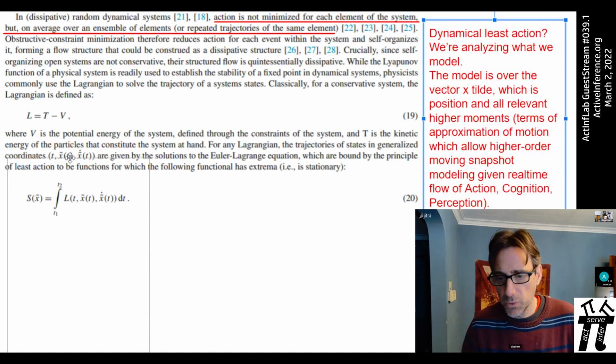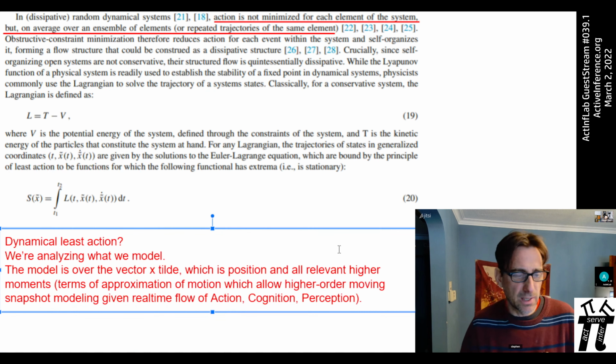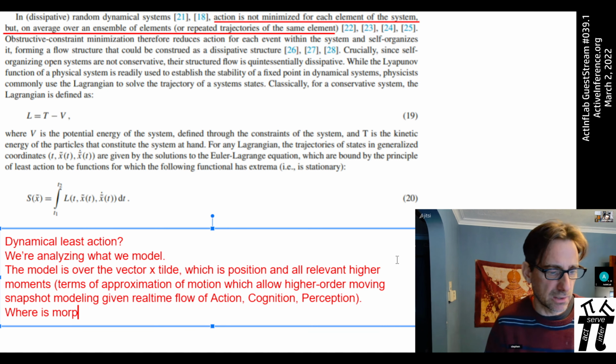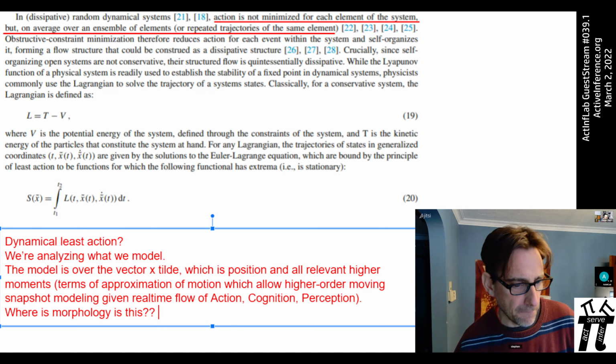Once we know how to move our arm, we have a relatively simple thing that we can now bring into our regime of attention. But I wonder what people think of dynamical least action is somehow what's going on here.